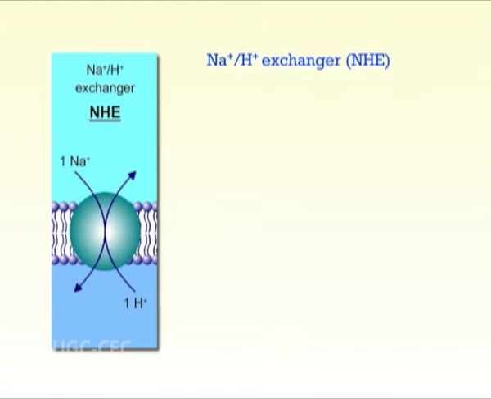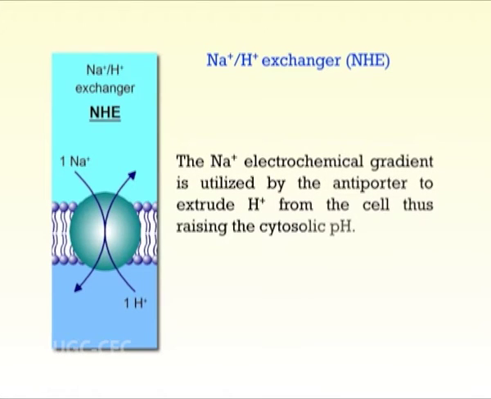Now let's look at the sodium proton exchanger, or the NHE, or you can call it the sodium hydrogen ion exchanger. Here again, the sodium electrochemical gradient is utilized by the antiporter to extrude protons from the cell, thus raising the cytosolic pH.